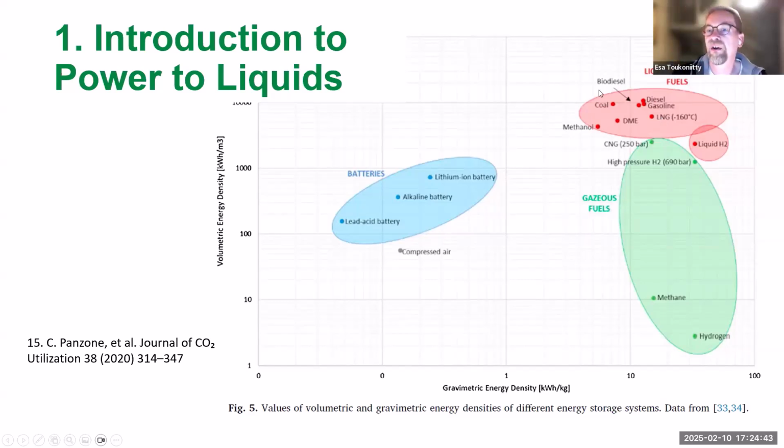That's not directly comparable, but if you have a liquid fuel, by nature it has quite high energy density by both measures, by volume and by mass. So that's why liquid fuels are quite interesting.